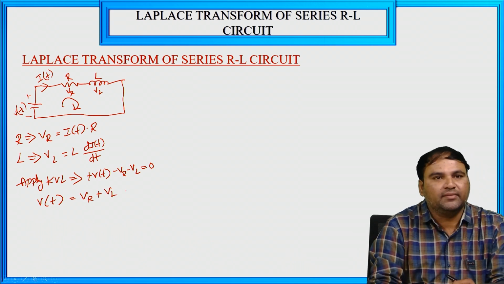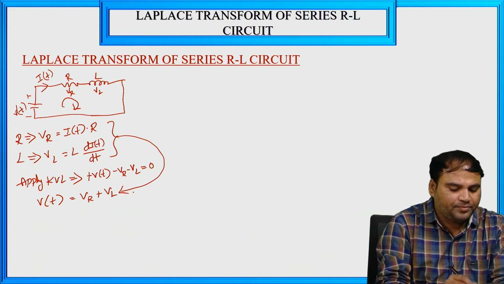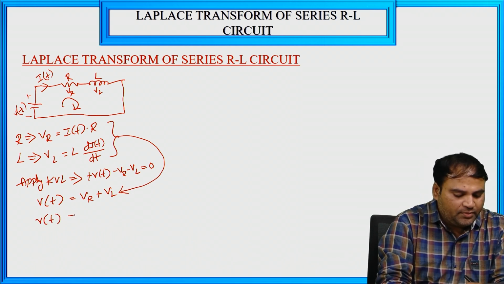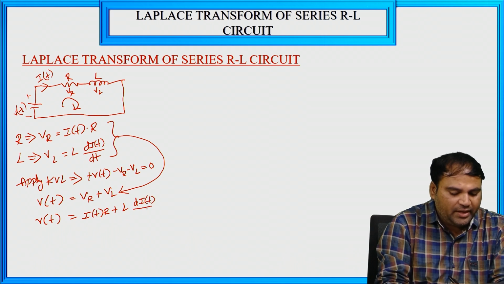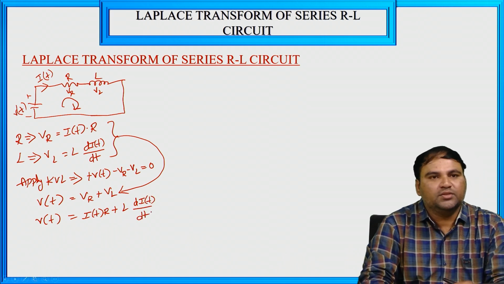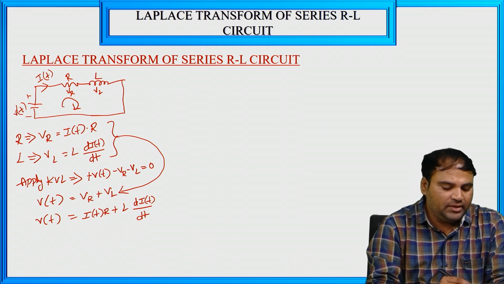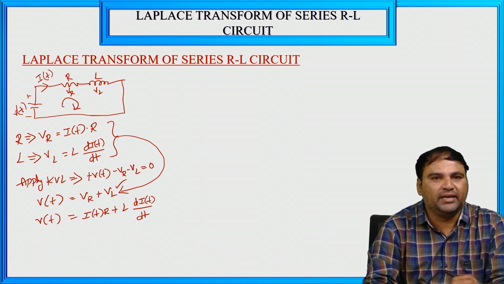Now substitute the VR and VL values: V of t equal to I of t into R plus L into dI of t divided by dt.